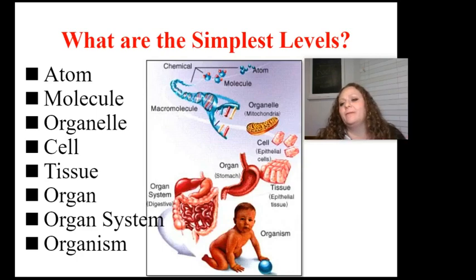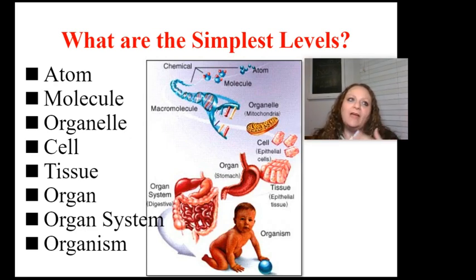Back in the beginning of this semester, we talked about levels of organization for living things. And we started off by talking about atoms and how atoms came together to make molecules, and molecules came together to make organelles. Those are the parts inside the cell, right? Cells come together to make tissues, tissues come together to make organs, organs come together for organ systems, and organ systems, a whole bunch of them together, make up an organism.